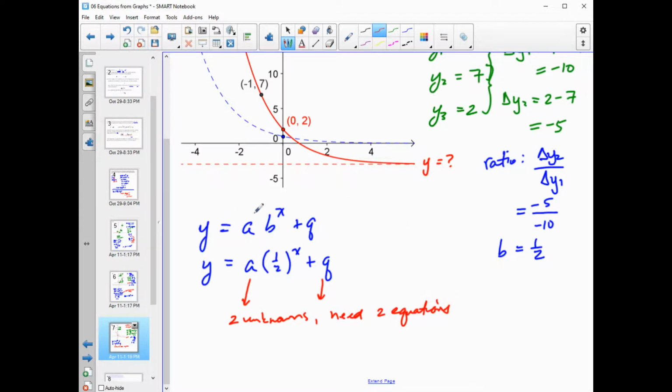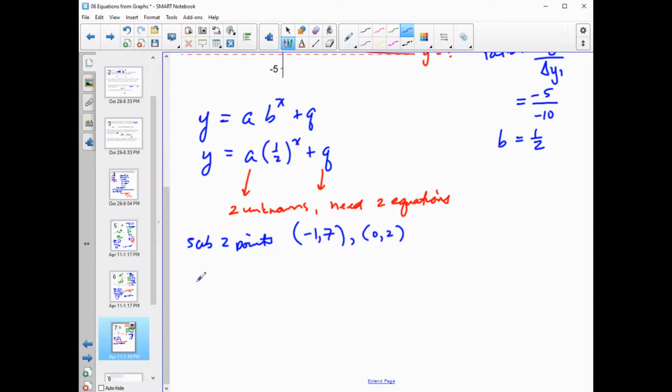And I'm not going to use the mapping rule just because I want to do this very formally, which means I'm going to sub 2 points. If I sub 2 known points, that will give me my two equations and I can manipulate those. So I'm going to use the two simplest points I have, -1, 7 and 0, 2.